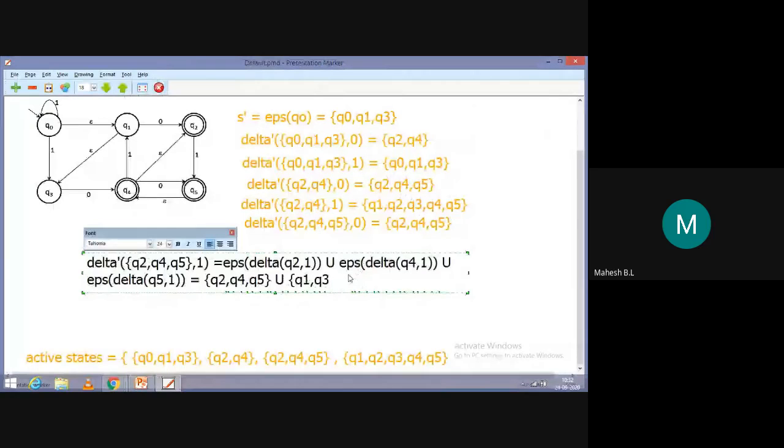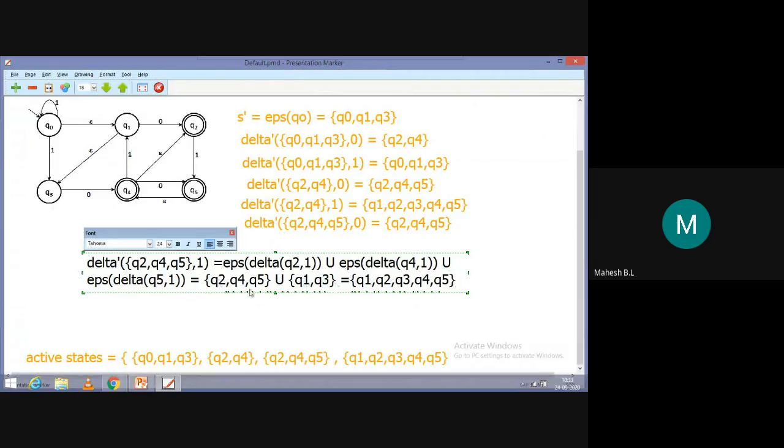Next, union with delta of Q5, 1. Is it defined? No. For Q5, there is no transition on 1. So what remains is Q1, Q2, Q3, Q4, Q5.